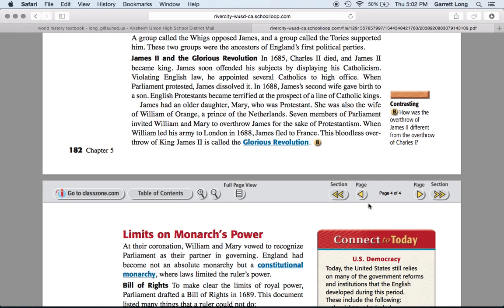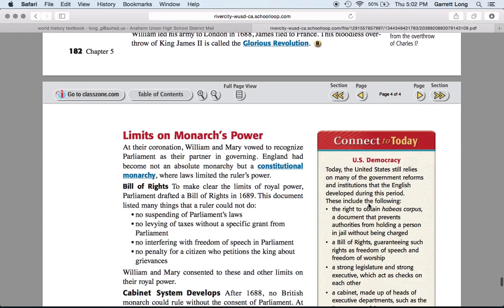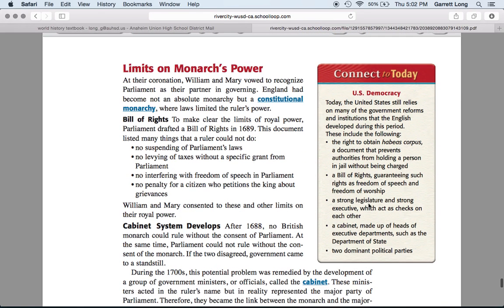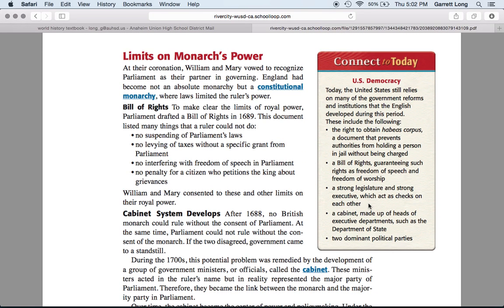So now William and Mary are not quite king and queen yet, because they have to sign a very, very important document. This is probably one of the most important democratic documents that we will talk about this year. It gives us influence when we write our U.S. Constitution. But Parliament forces William and Mary to sign the English Bill of Rights.